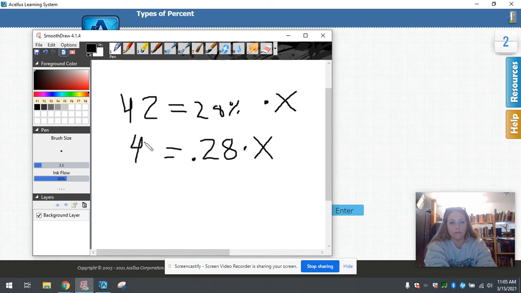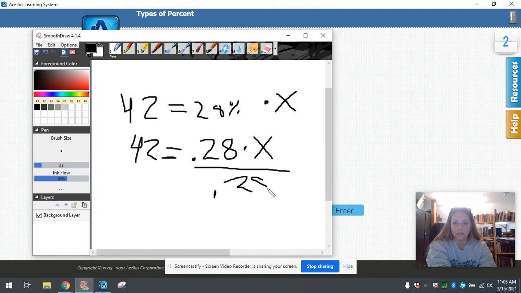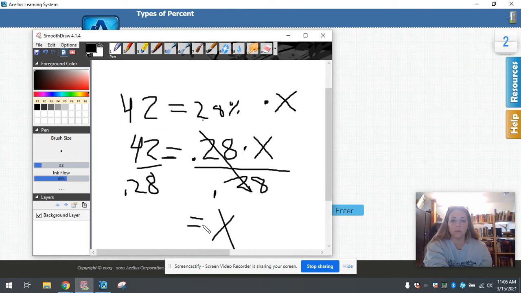Now I have this variable that's not by itself on one side of the equation. To undo the multiplication, we divide. We're dividing by 0.28, the number that is on the side of the equation with the variable. What I do to one side, I do to the other because I have to have a balanced equation. When I do that, boom, I'm left with x, yay. That's what I want, the isolated variable by itself.